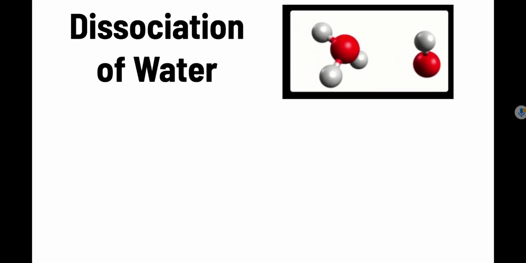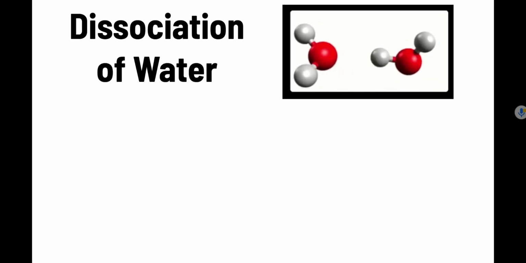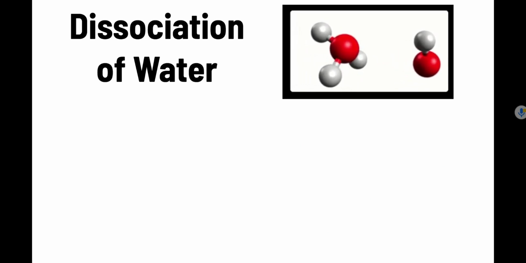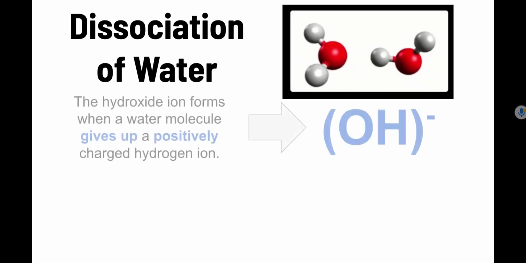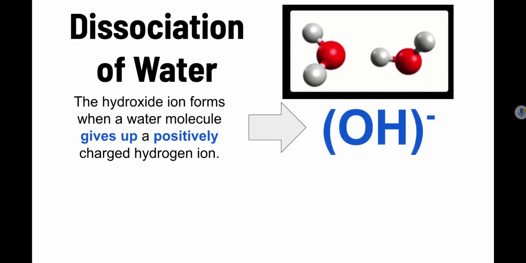So here's what that process actually looks like. You can see the covalent bond being broken between one of the hydrogens and one of the water molecules, and that same hydrogen covalently bonding to a different water molecule. The hydroxide ion is formed when a water molecule gives up a positively charged hydrogen ion.